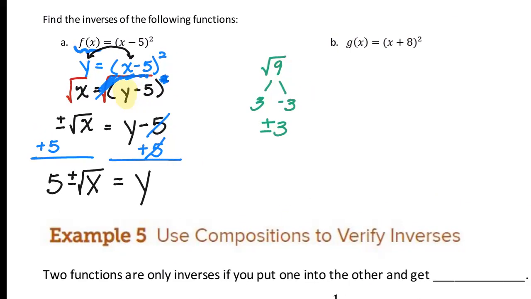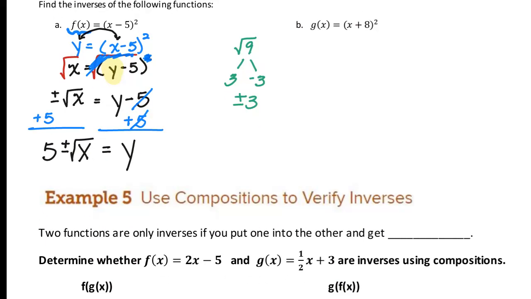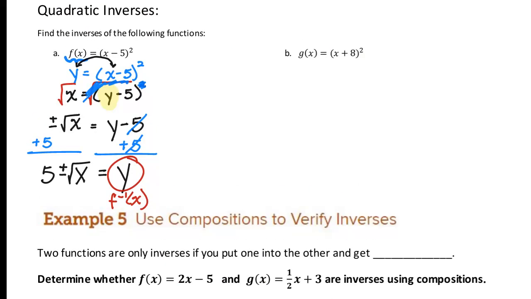Now, am I done? Not quite, because I want to show that it's the inverse. So my final step is to change this to be the inverse of f of x.